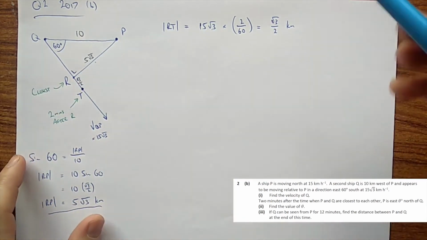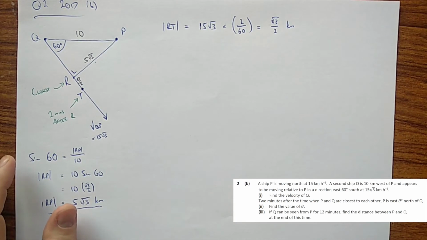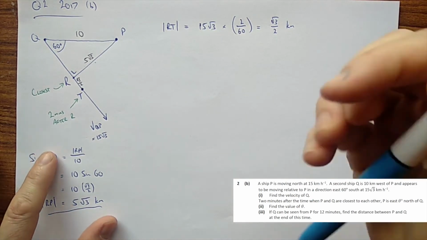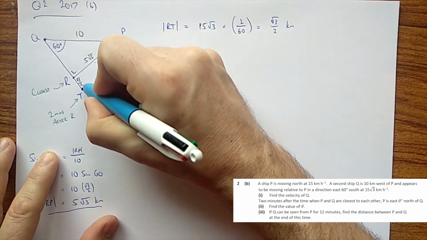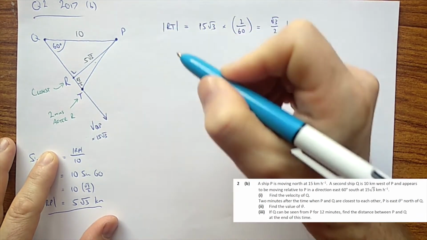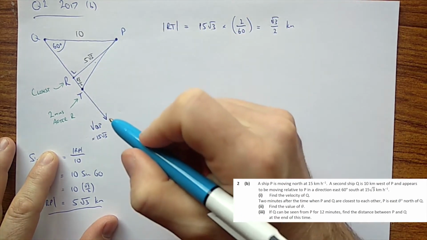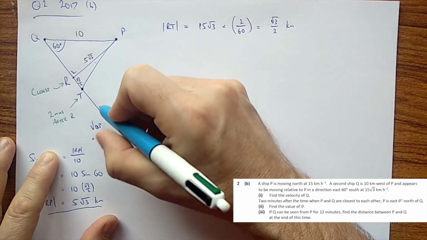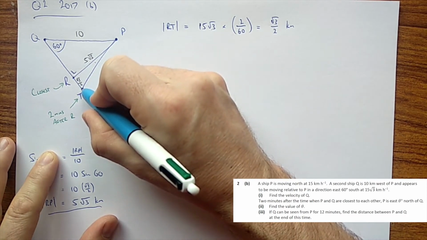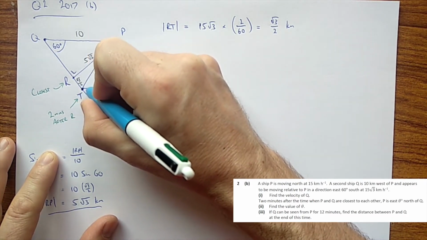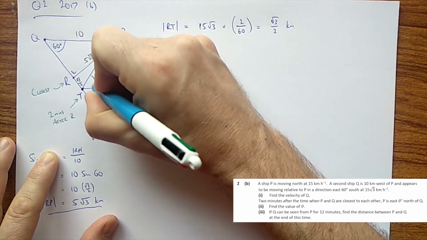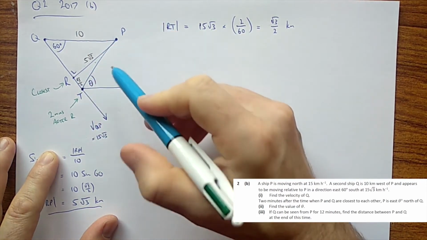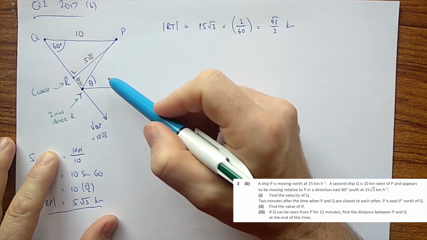What's it actually asking us for though? We are told about their relative positions, so let's draw some pictures. There we go. Ship Q is theta degrees. Okay, so this is kind of a bit annoying.